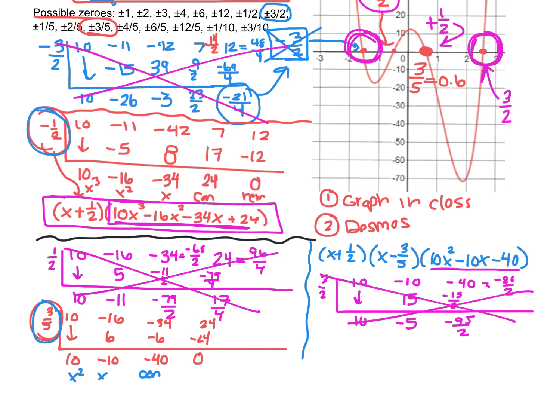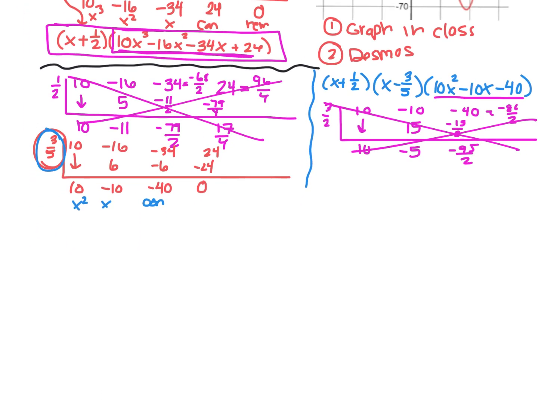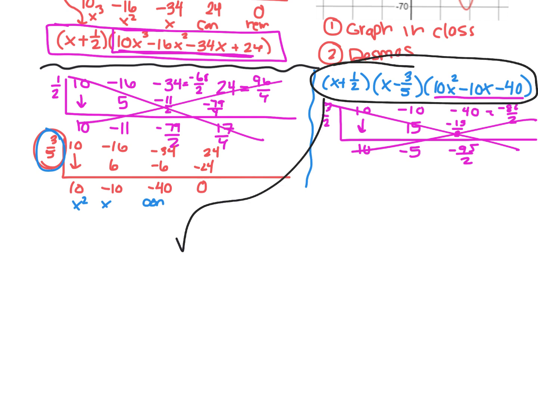So I have utilized this list up here to the max. I have found two that work in -1/2 and a positive 3/5, but I haven't been able to find the other two. So what that means is I'm probably going to have to use a quadratic solving strategy to solve this. So I'm going to move this up to give myself more room, and I'm just going to translate my current factored form or polynomial equation down here.